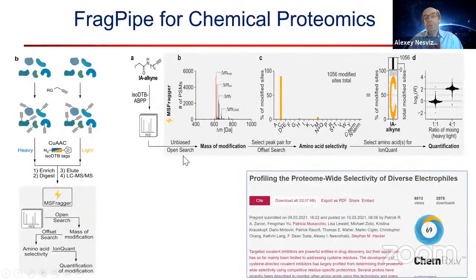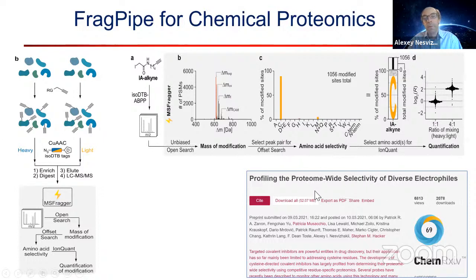Now, if you would like to see, for example, how PTM discovery, especially in the context of chemical proteomics, and our label-free quantification using IonQuant, all come together in one very nice collaboration, and that's the type of collaboration that's really pushing us to work on this, I welcome you to go to this preprint from Stefan Hacker's lab in Germany.